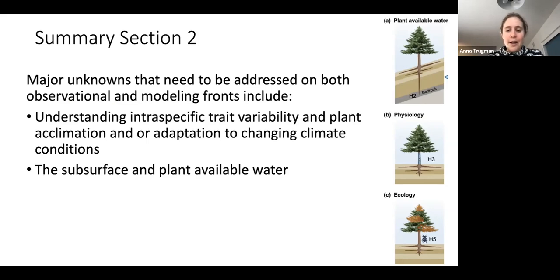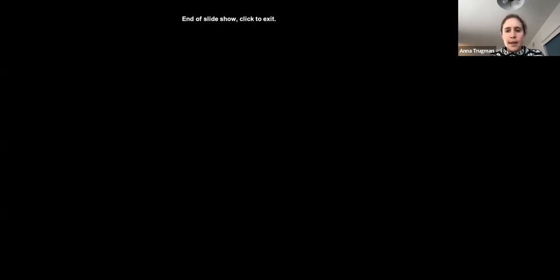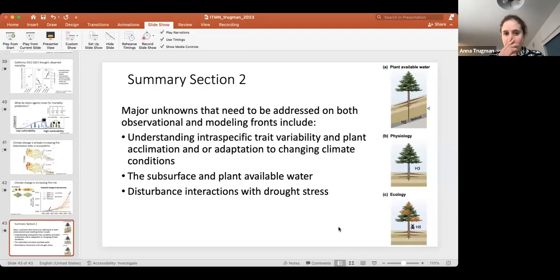And I think there's a lot of innovative work going on here using both models and above ground observations to get at this problem, because it's just very tricky to measure the subsurface. And then disturbance interactions with drought stress. So with that, I'll wrap up and I'm happy to take any questions.